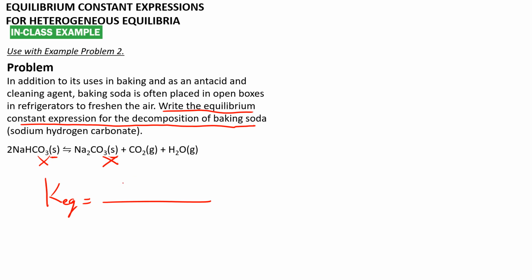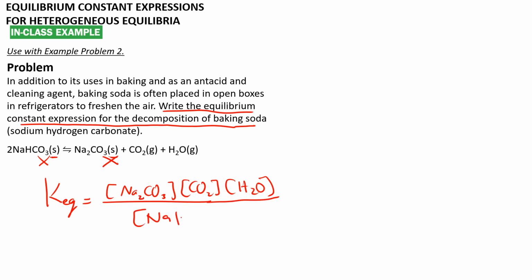Or what you might do is the following. You might say Na2CO3 times CO2 times H2O, because these are the products, over NaHCO3 to the power of 2 because I have 2 here.